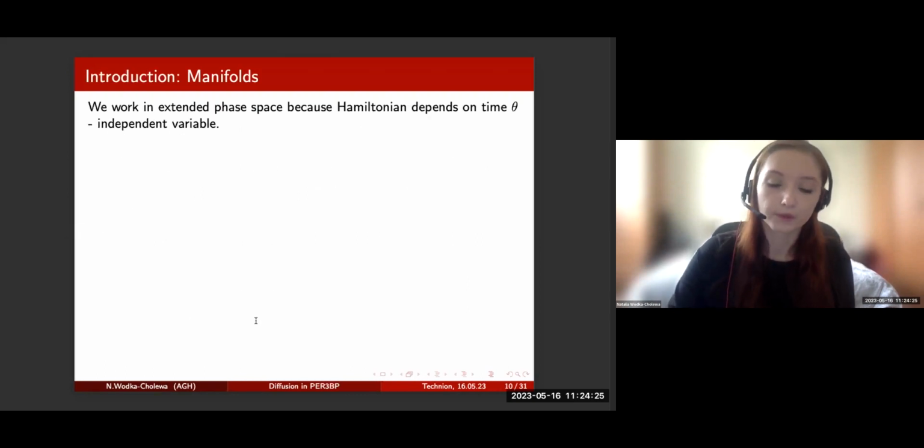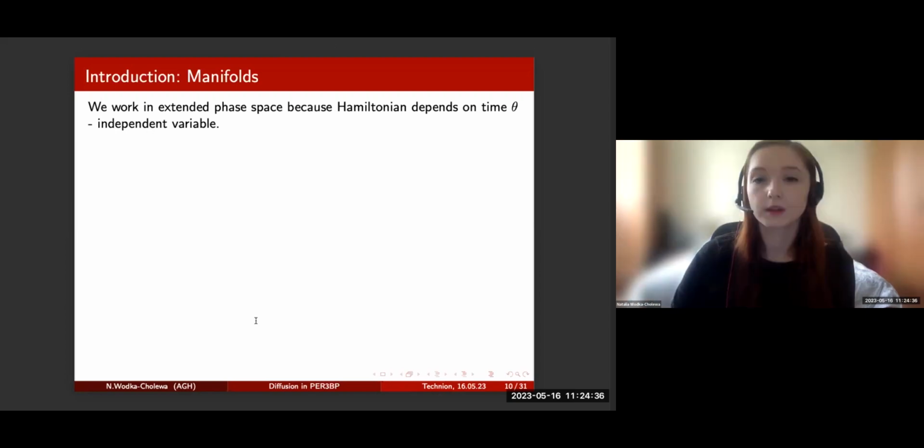Okay, so if you do a perturbation, so you have a Hamiltonian that depends on time, you can extend your phase space by the time. So you will have one independent variable, it will be theta.